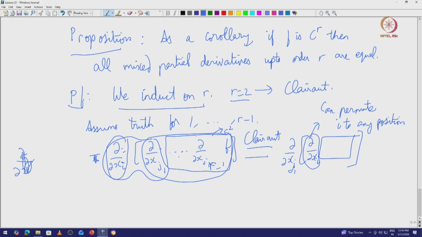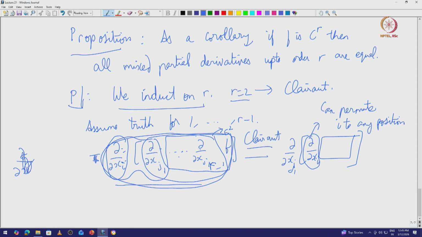The idea is, again, this is by mathematical induction on the number of variables. This is just a question about permutations. If you can permute this to any position you want, suppose you take this and you want to consider some permutation of it. That means you want to rearrange these in some way.